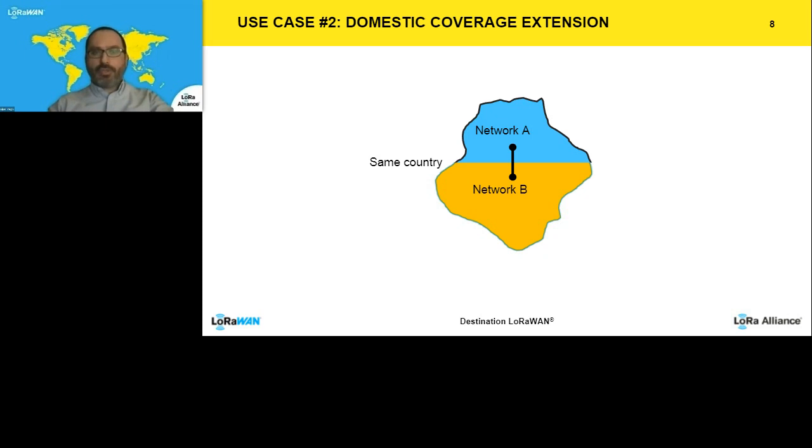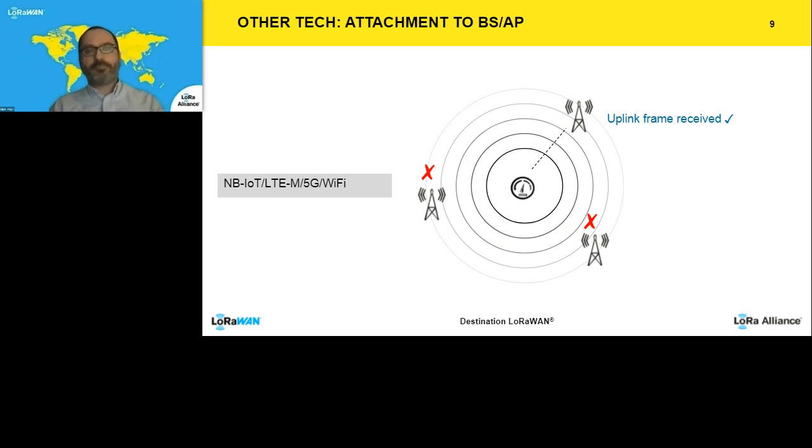In order to explain the next use case, let me provide a little bit more background on how other technologies work and how LoRaWAN works in terms of the radio networks providing connectivity service to the IoT devices. With the urban IoT, LTE-M, and even 5G and also Wi-Fi, there is a concept called attachment.